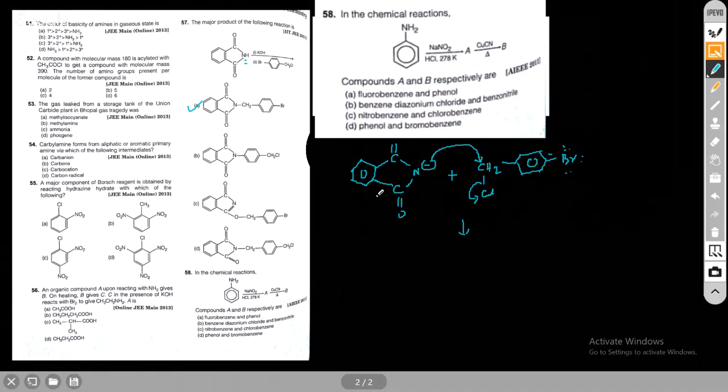Benzene diazonium chloride, diazonium salt. The reaction is of diazonium salt, right? So we'll get benzene plus N2Cl over here. Benzene N2Cl. I have told you, this reaction they ask directly. Benzene diazonium chloride. With CuCN, what happens? N2 goes out, CuCl forms, and this CN will attach over here. So benzonitrile will form here. The B product will be benzonitrile, CN will be here. So option B is correct. Benzene diazonium chloride and benzonitrile.